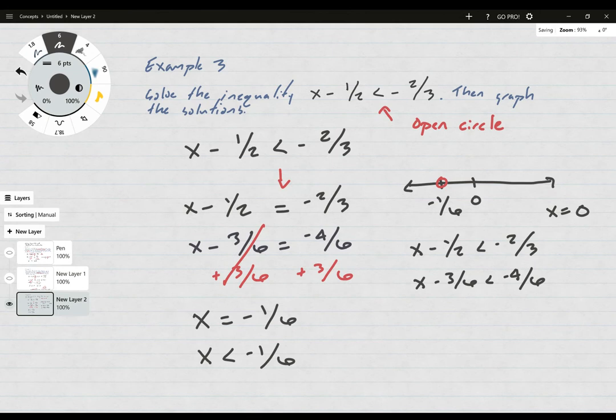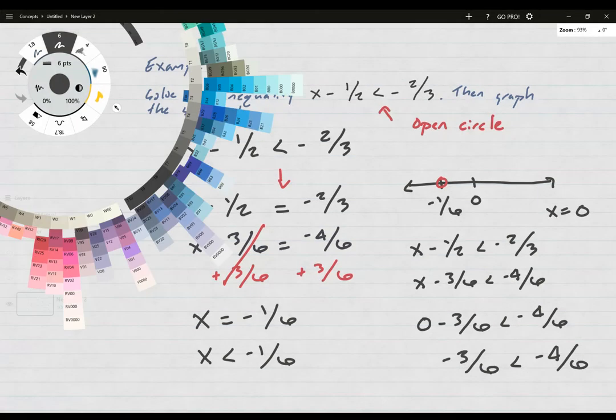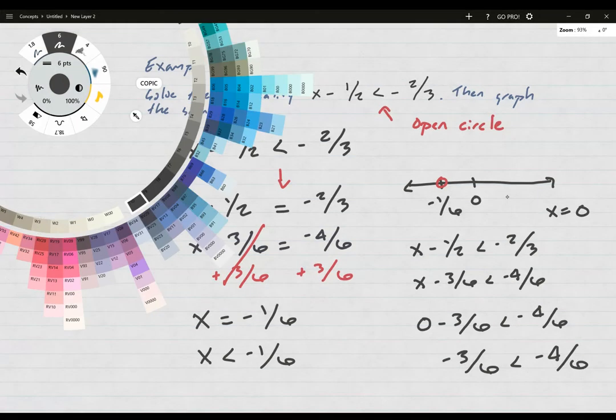So it's 0 subtract 3/6 is less than -4/6. 0 subtract 3/6 is just -3/6. So is -3/6 less than -4/6? The answer is no. -3/6 is actually greater.